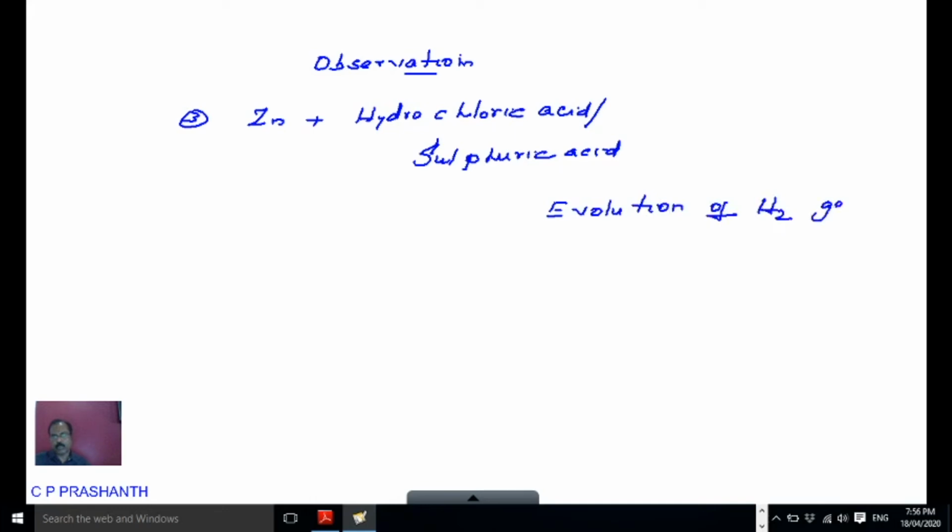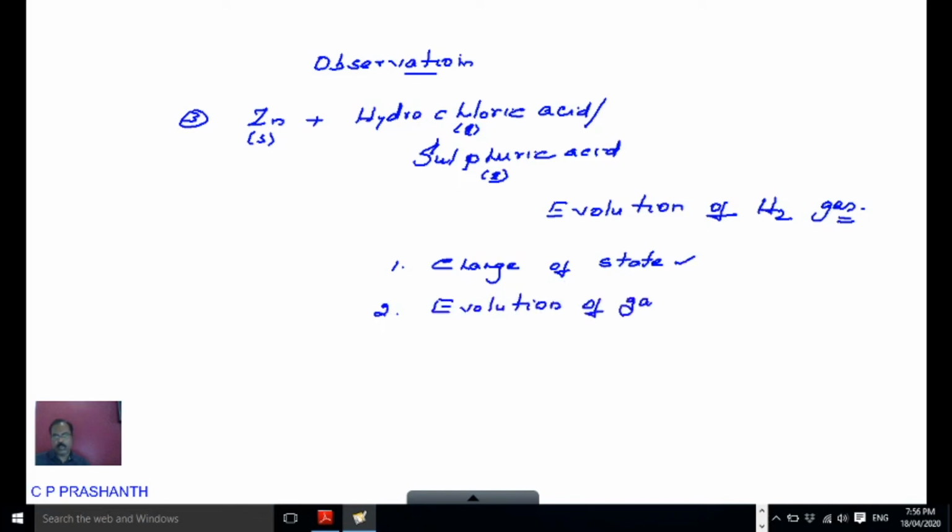So evolution of hydrogen gas happens when this reaction takes place. Now, is there a change of state? Yes, zinc is in the solid state, and hydrogen is in the gaseous state. Therefore, there is a change of state. Is there evolution of gas? Yes, there is evolution of hydrogen gas in this reaction.